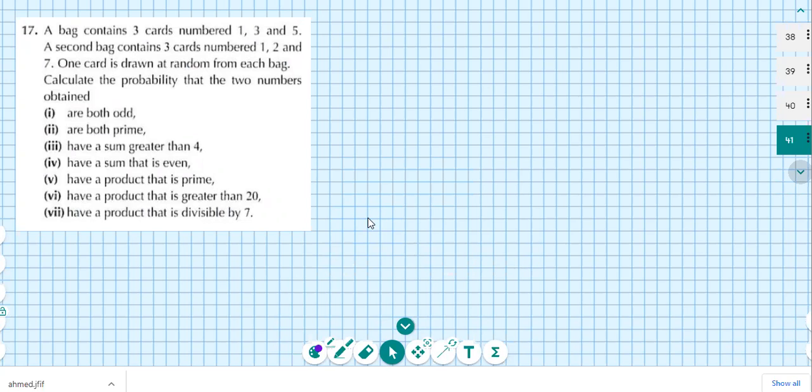One card is drawn at random from each bag. Calculate the probability that the two numbers obtained are... okay, so I'm going to draw a tree diagram for it.